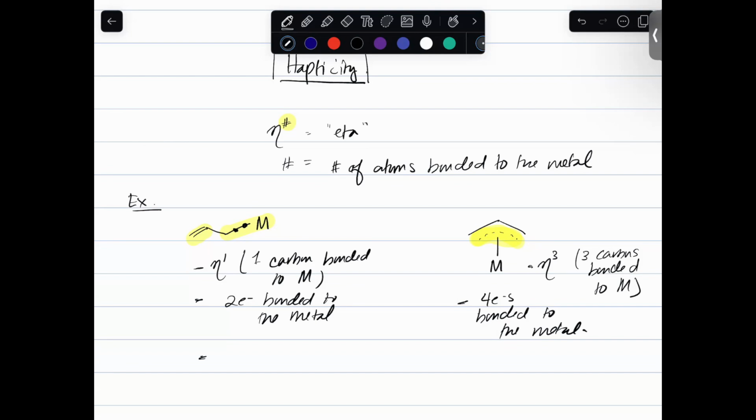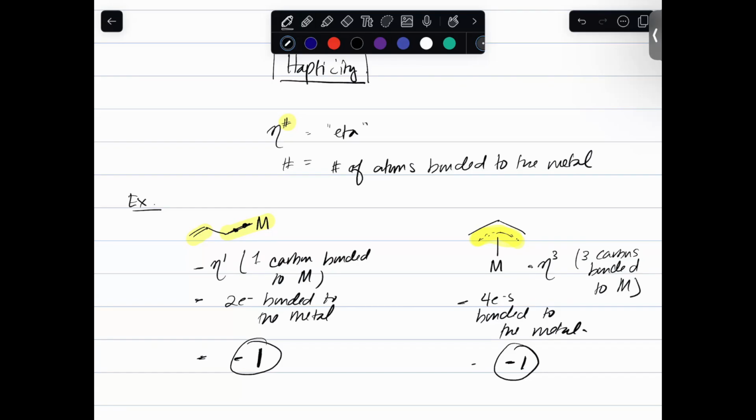So those are the first couple of things. And then finally, the oxidation state of the metal. The oxidation state of this system is -1, and the oxidation state of this system is also -1. That's the only thing that they have in common, is the oxidation state, because regardless of how it's bonded, whether it's through a single bond or an allylic eta 3, it's still -1.